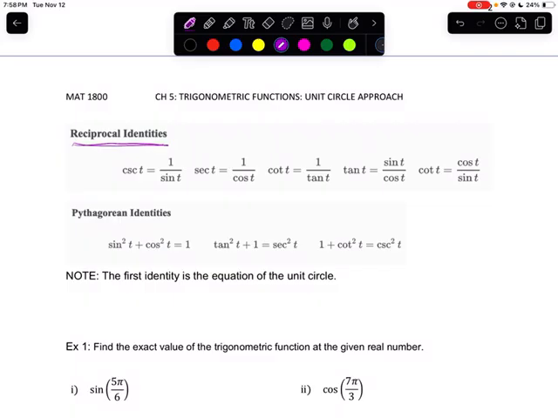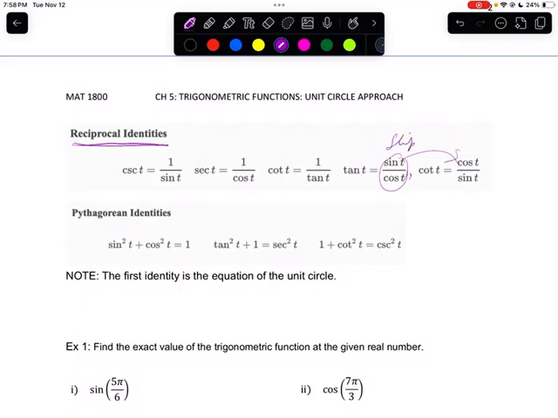Cosecant is equal to 1 over sine t, secant t is equal to 1 over cosine t, cotangent is equal to 1 over tangent t, and tangent can also be written as sine t over cosine t, and cotangent can also be written as cosine t over sine t, because it's the reciprocal of tangent. So you flip this and you get that. Flip and you get that.